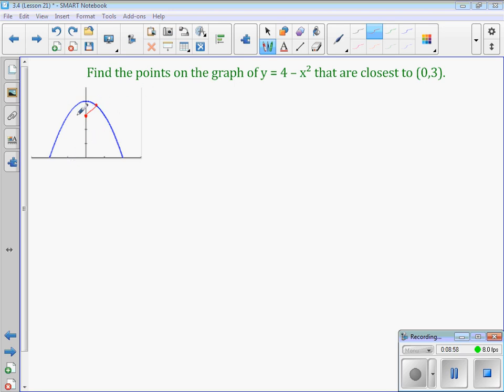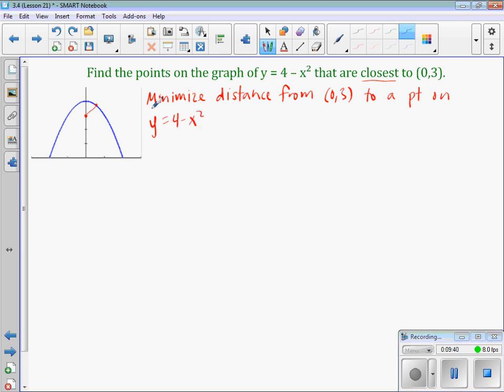So if you want to sketch that, what are we trying to do with this distance from here to here, if I want it to be closest? Minimize it. I want that distance to be as short as possible. So let's write that here: minimize the distance from 0, 3 to a point on this y equals 4 minus x squared.